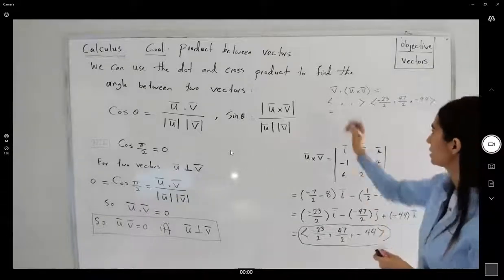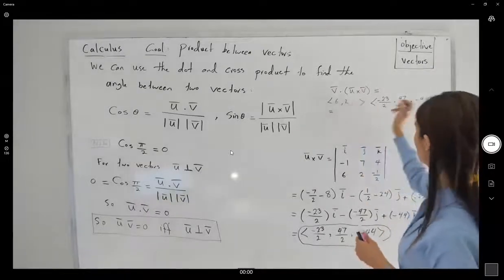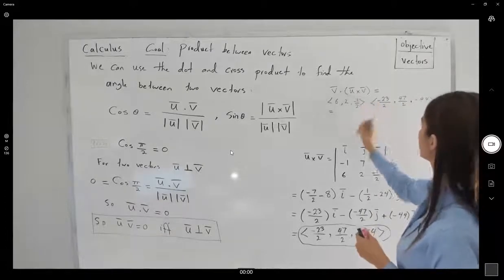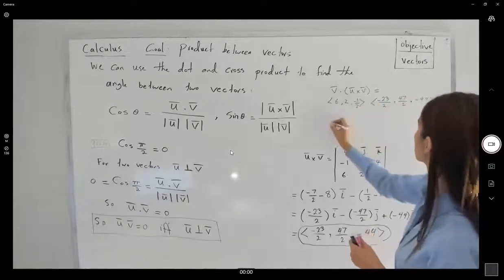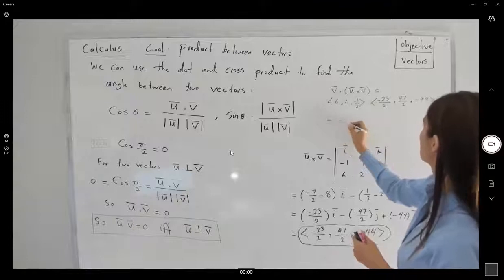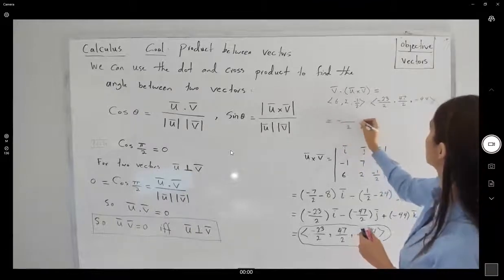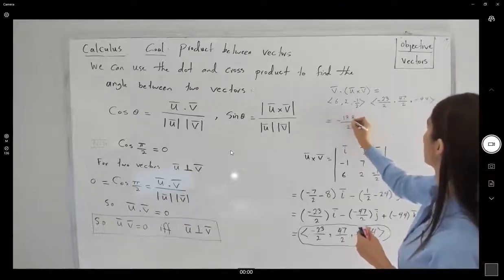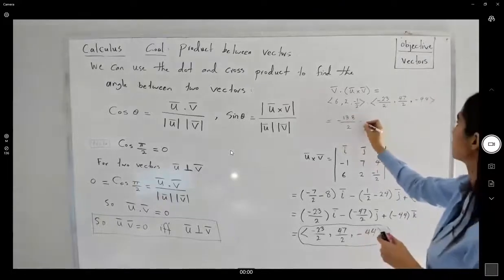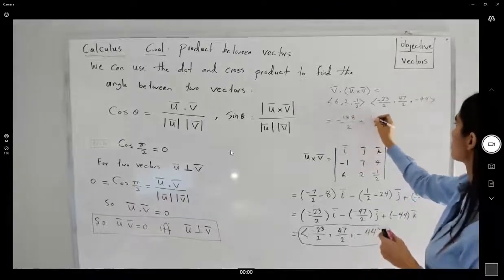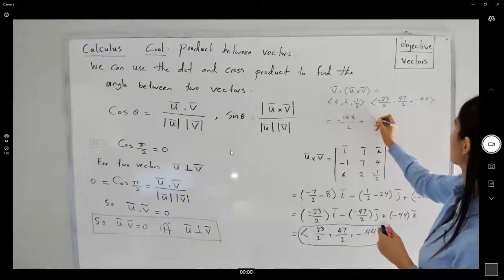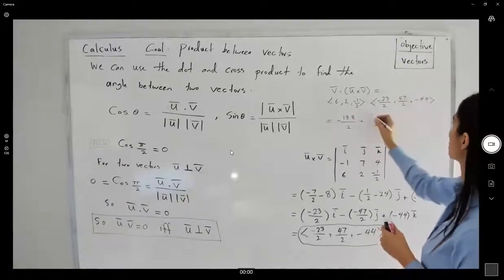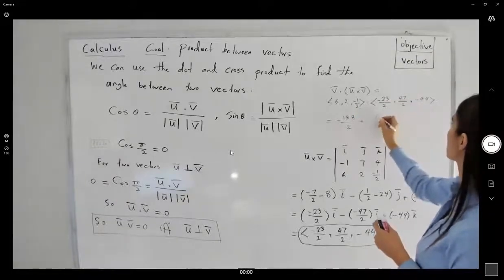So our v is 6, 2, -0.5. So here we get minus 138. And here we have plus 94/2. I need the denominator, so let me just multiply this.